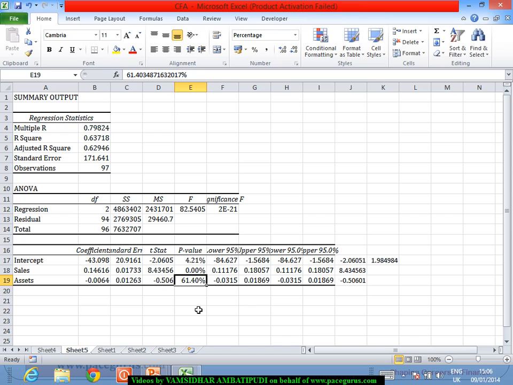So that's how directly p values help us in terms of testing for the significance of the coefficients of regression.